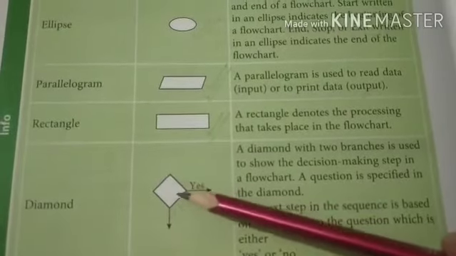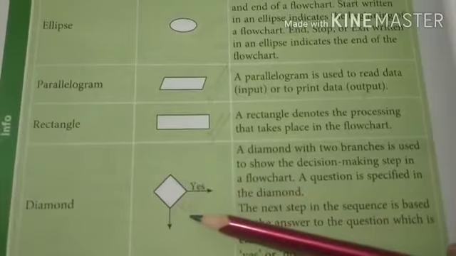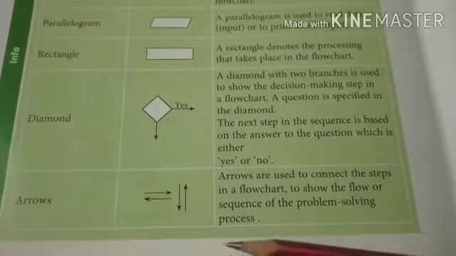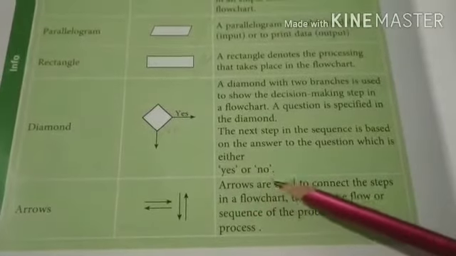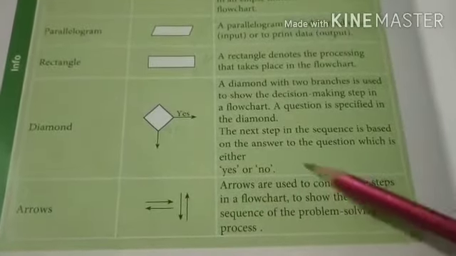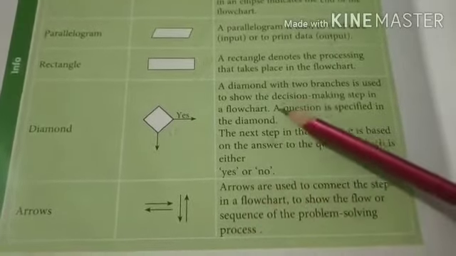It can have an answer either in the form of yes or no. And the last one is arrows. Arrows are used to connect the steps in a flowchart. They are also used to connect different geometrical shapes, and they also show the flow or the sequence of the problem solving process in the flowchart.